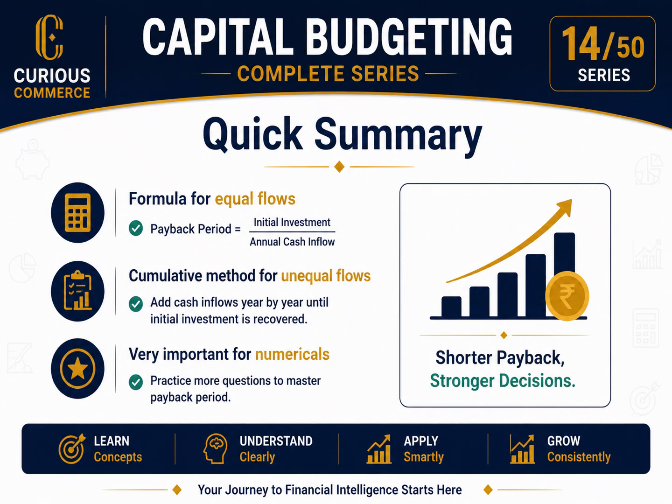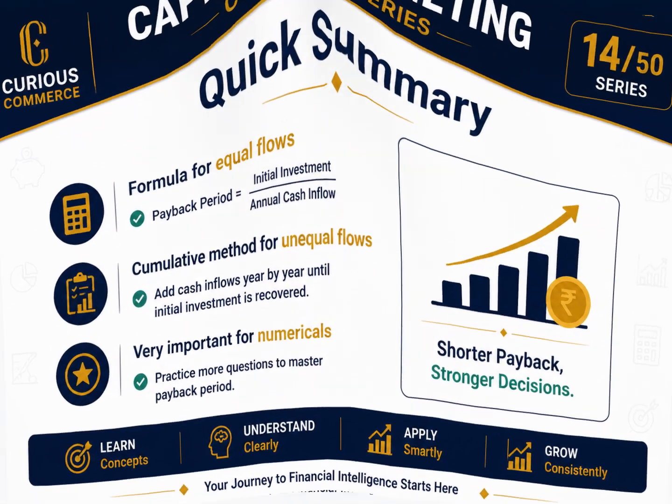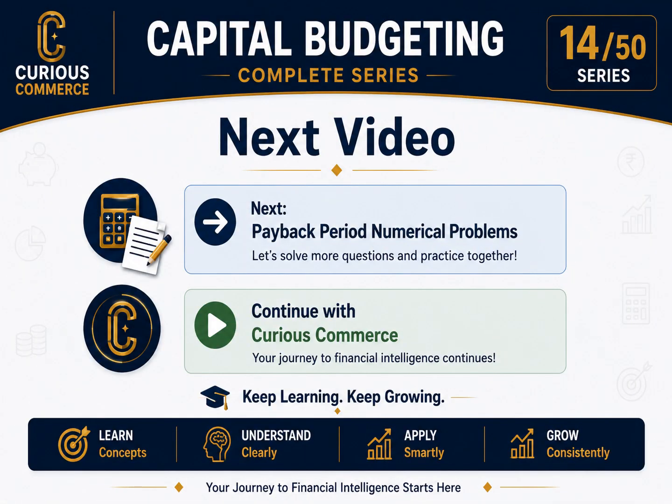This topic is extremely important for numericals, exams, interviews, and to understand finance topics. In the next video, we will solve payback period numerical problems with detailed calculation and shortcuts.